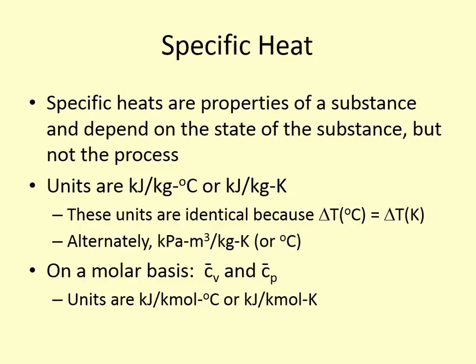Which means we can use either degrees Celsius or Kelvin in the denominator of the equation, which is helpful to us. And then alternately, as we saw with our R values, we can replace kilojoules with a kilopascal times a meter cubed. So sometimes that's handy to know that unit conversion can occur.